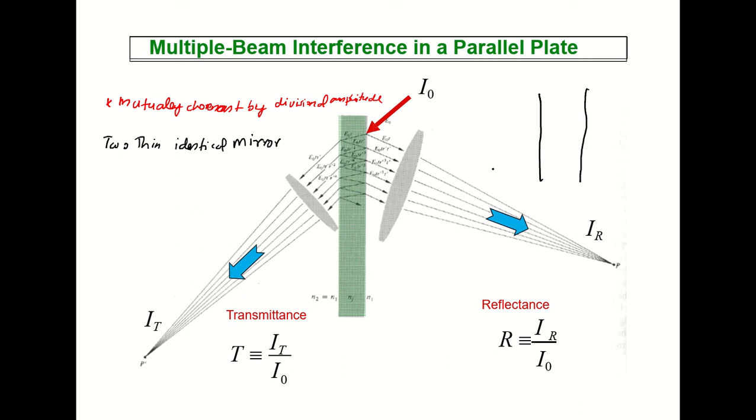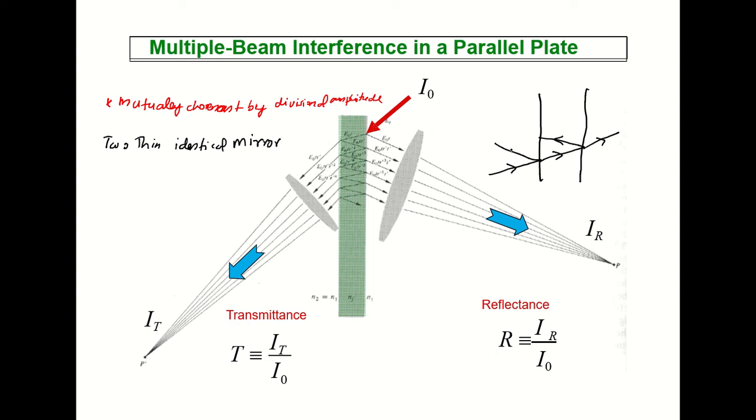If a beam E0 is coming from here, it gets reflected, and also this beam is getting transmitted. This transmitted wave can reflect from here and get reflected back, and this transmitted wave can also transmit at this third region.